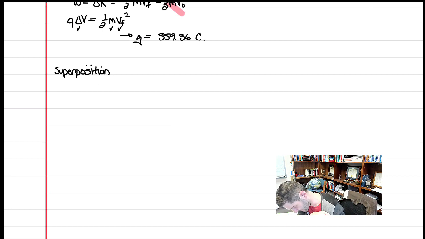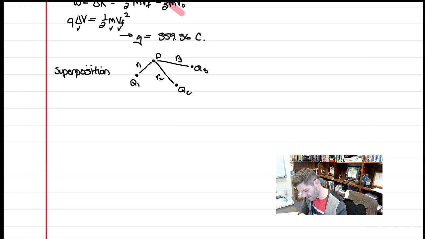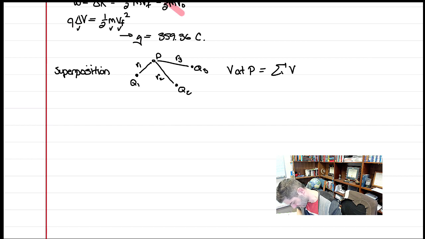If, for example, I have several point particles, Q1, Q2, Q3, and then there's some point of interest that I'm curious about. Right, these are all separated by different distances. And I could evaluate the potential at P as the sum of the potentials from each of the points.